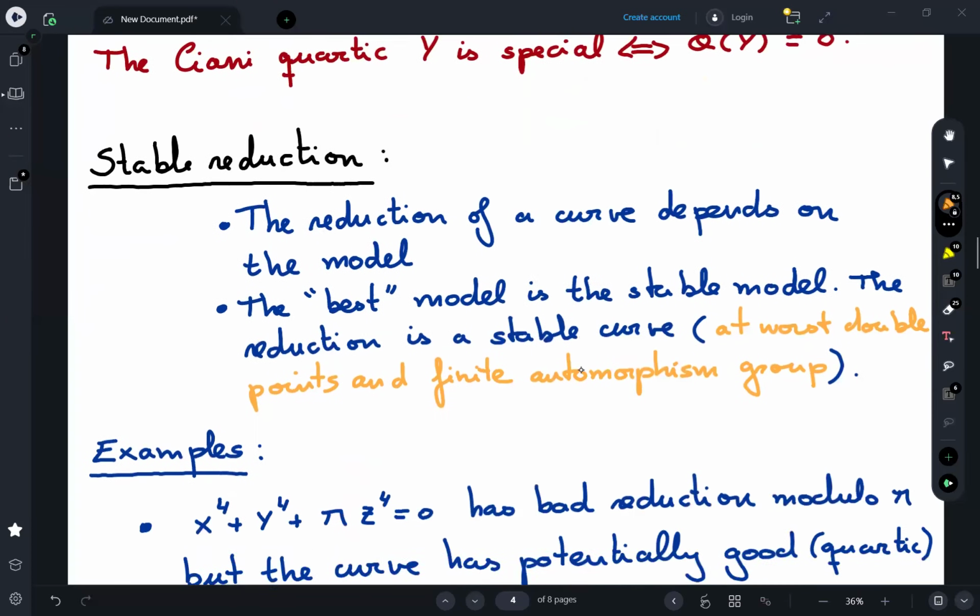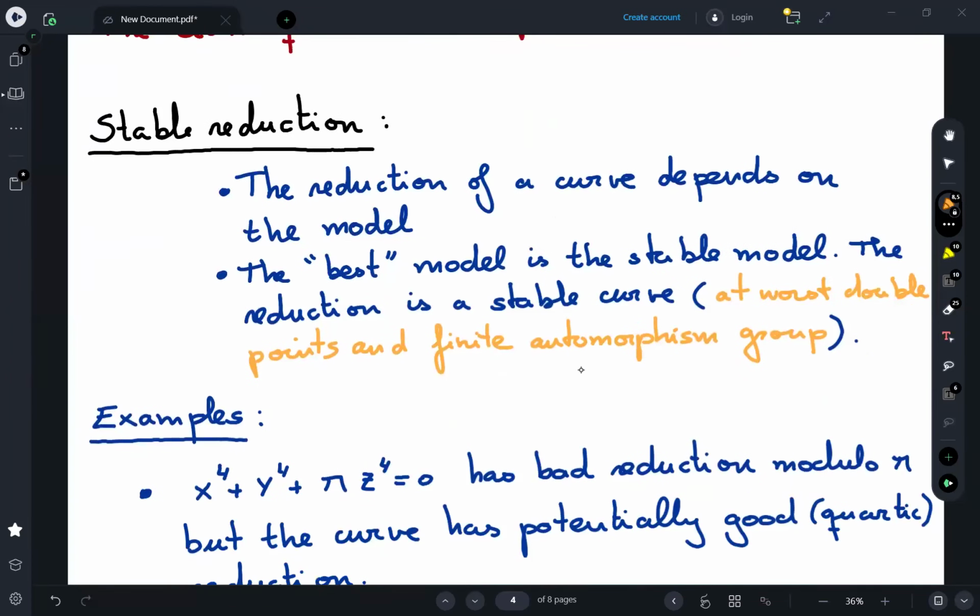So what is the stable reduction? Maybe you already know about the stable reduction, but I guess not everybody does, so I would like to at least give an intuitive definition. The first thing about the reduction of a curve is that when you say you consider the reduction of this curve, it's not something totally intrinsic to the curve.